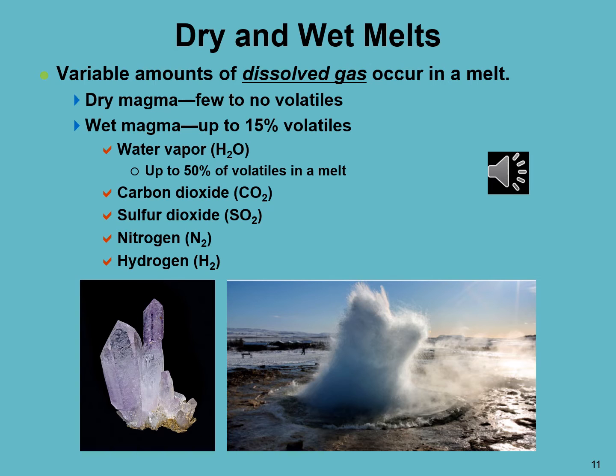Some common volatiles are water vapor, H2O, up to 50% of volatiles in a melt, carbon dioxide, CO2, sulfur dioxide, SO2, nitrogen, N2, and hydrogen, H2. Because magmas and lavas release volatiles that make up rocks from the Earth's interior, they also release volatiles that comprise our planet's water and air.